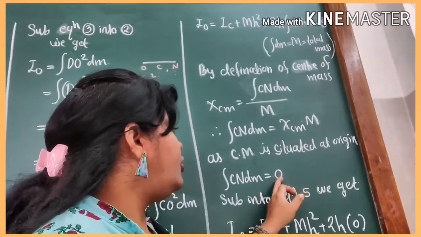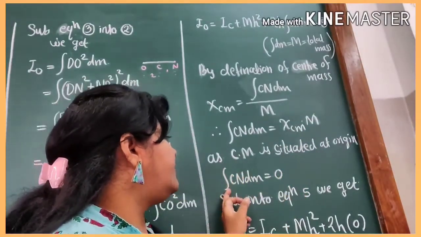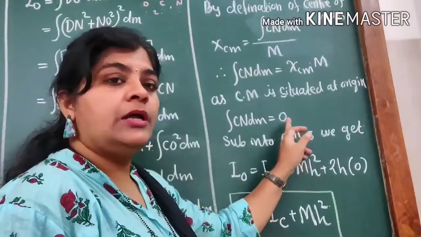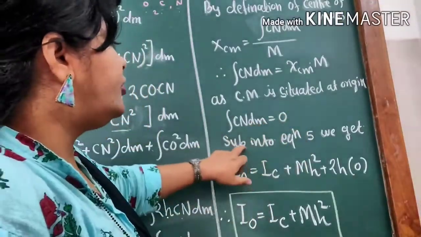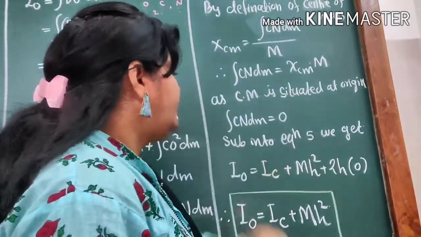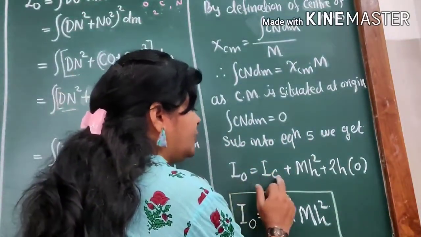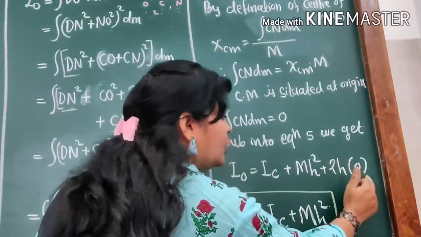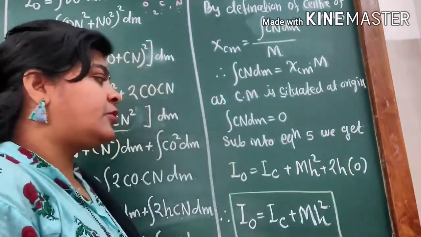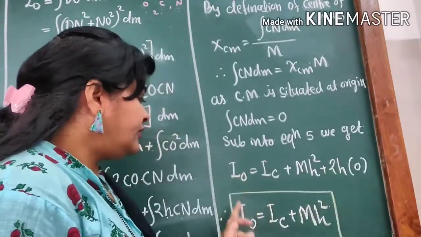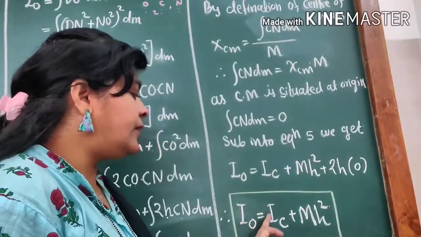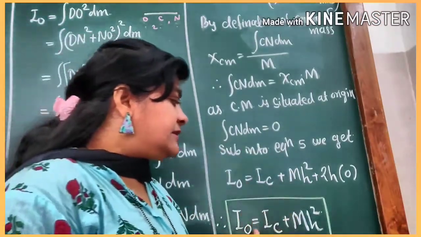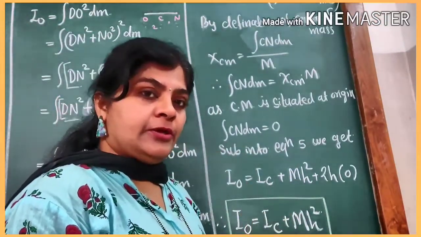After substituting this value, we get the integration of CN dm equal to 0. Substituting this value into equation number 5, we get I_O equal to I_C plus M h square plus 2h into 0. This product gives 0. Therefore, we get I_O equal to I_C plus M h square. This way we can prove the parallel axis theorem.